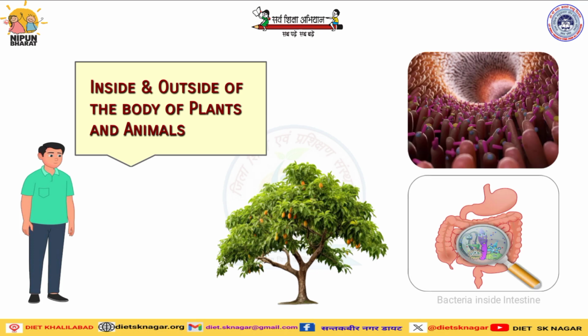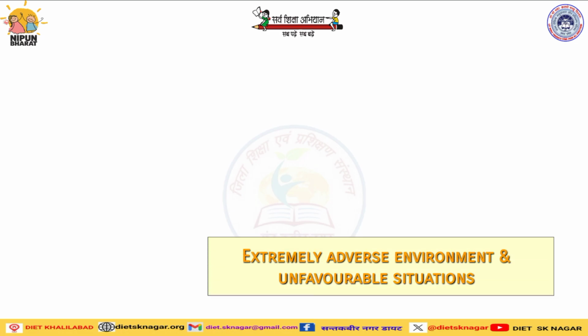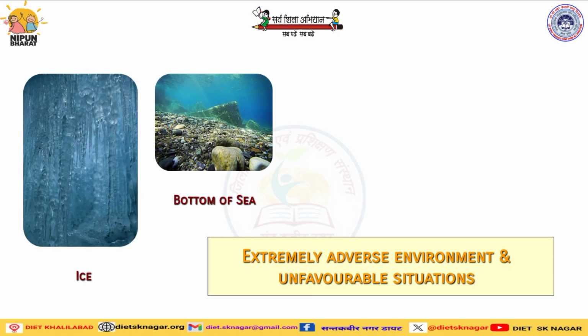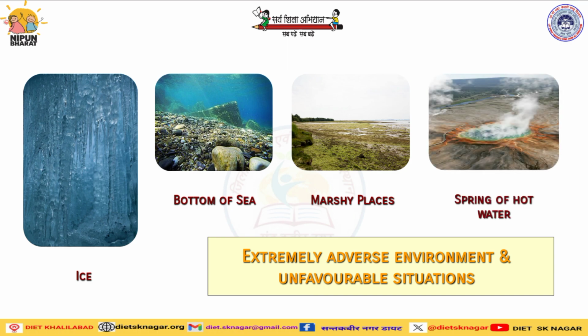You can see a picture of bacteria inside our intestine. Students, they are also found in extremely adverse environment and unfavorable situations like ice, bottom of sea, marshy places, and spring of hot water.